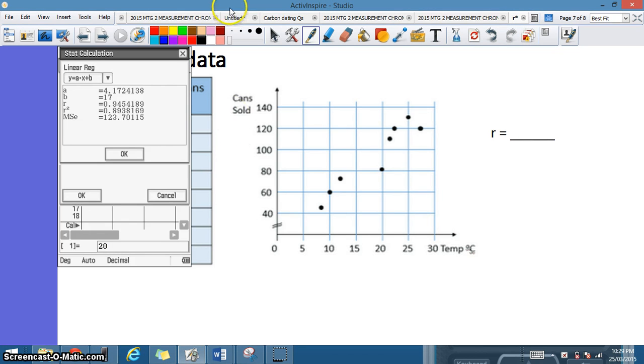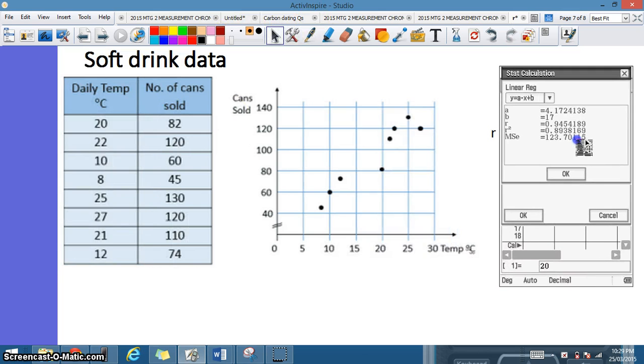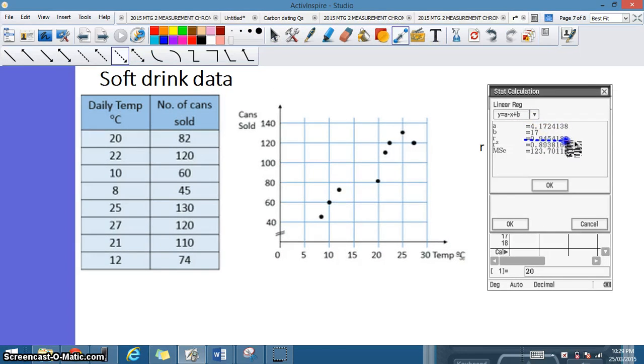All right, so where does that fit into the table? You guys can write that down, 0.9454, that's our R value. Right, we're looking here at what type of correlation? Strong positive correlation.